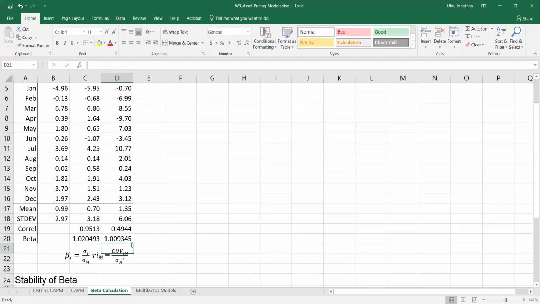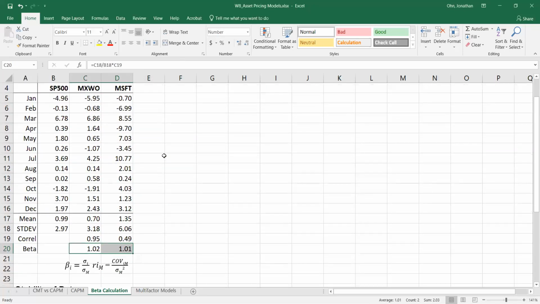You see that? The beta is very close to the market portfolio. So we successfully calculated beta for these two stocks.